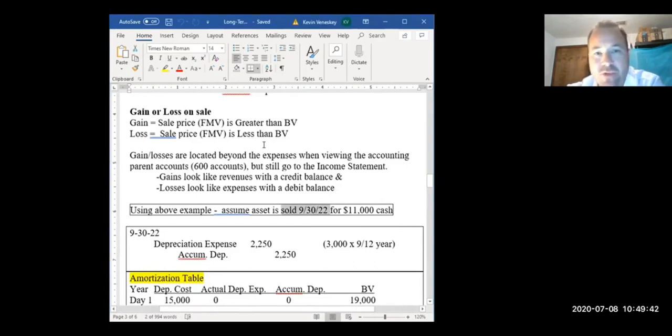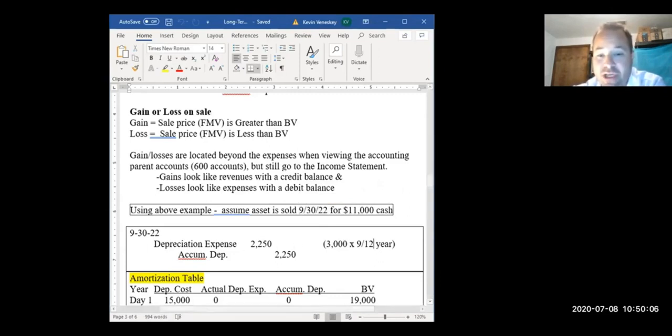So I don't want to use the full $3 grand when I'm depreciating, because I'm going to depreciate up to when I'm ready to sell, for that three-quarters of a year. So I'm going to figure out how much to depreciate. If this is for a whole year, I had it for 9 months out of 12, because we're at the end of September.